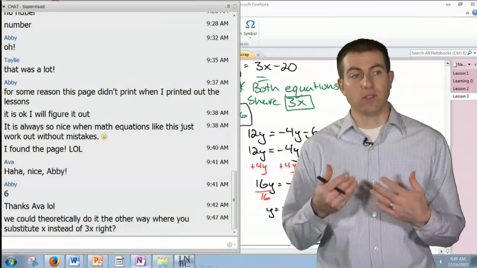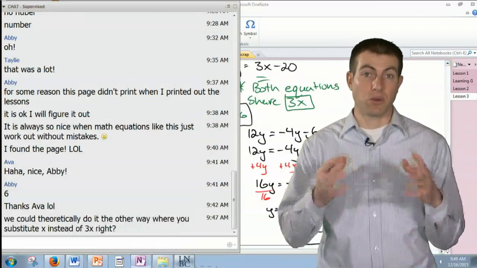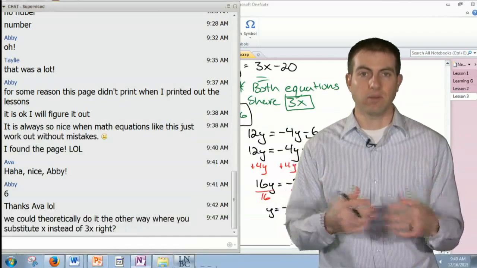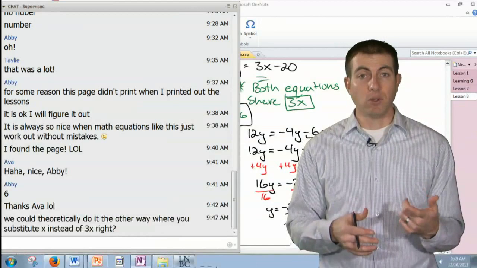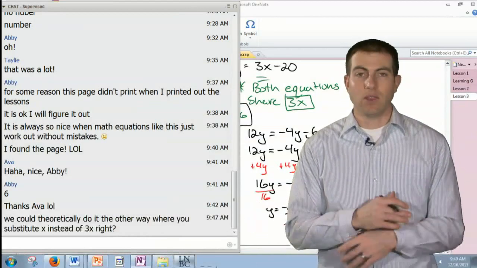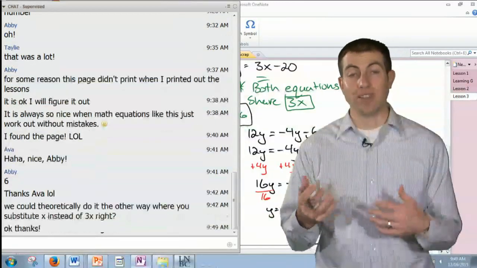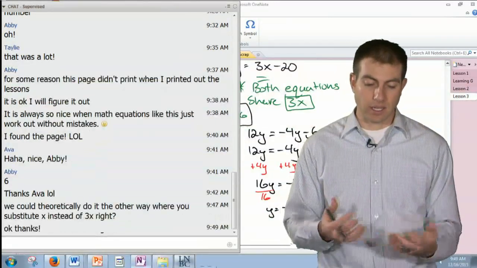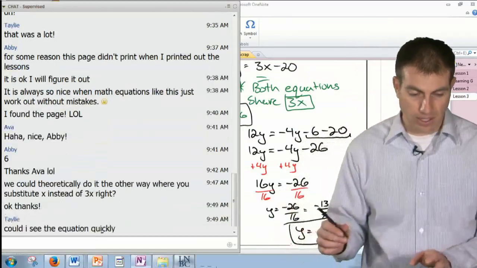So if you can find perhaps a simpler way, like finding what 3x was equal to because it was shared in both equations, it just makes your life easier. But if you were to just solve for x and complete the equation like that, there's nothing wrong with that. It just may be more difficult. We're just trying to figure out the easiest way to do this instead of dealing with complex fractions and things like that.